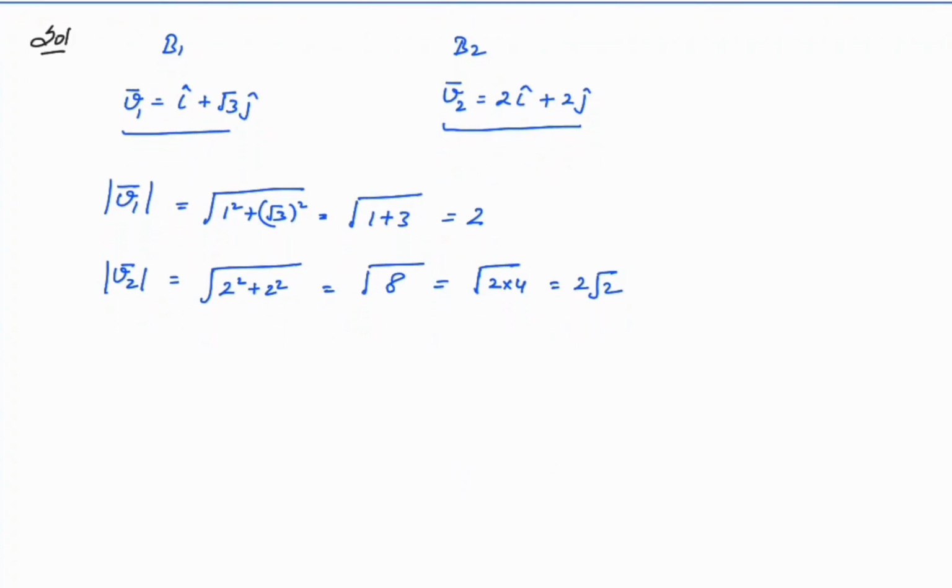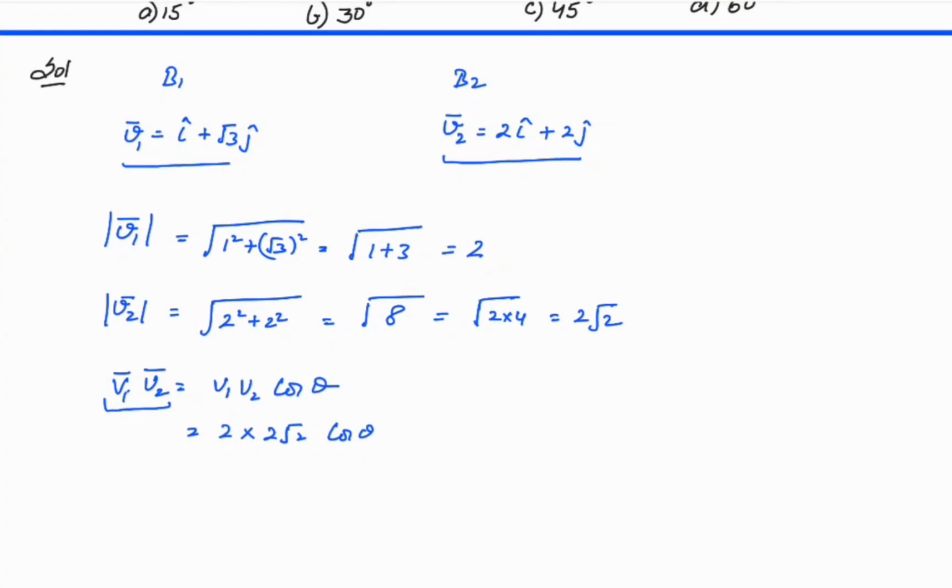How to find a dot product? We know the dot product of vector v1 and vector v2 will be equal to v1 v2 cos theta. Okay, v1 we know is 2. What is v2? 2 root 2 cos theta, and we need to find v1 dot v2.